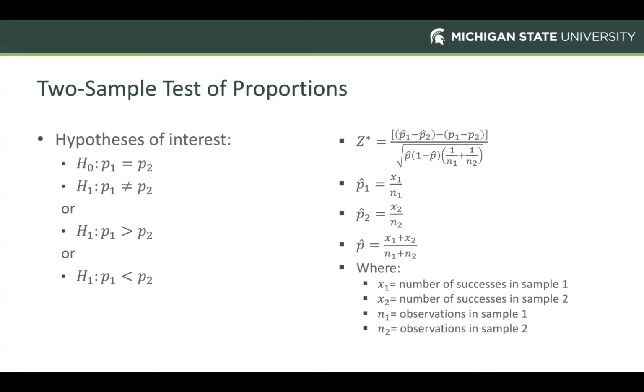Now, with that being said, a natural question here is, an alternative way of setting this up would be to simply take p1 hat times 1 minus p1 hat all over n1 plus that same quantity for p2 hat times 1 minus p2 hat all over n2.